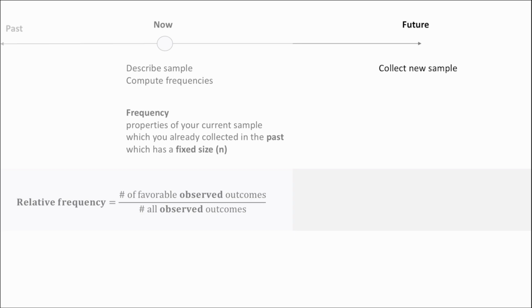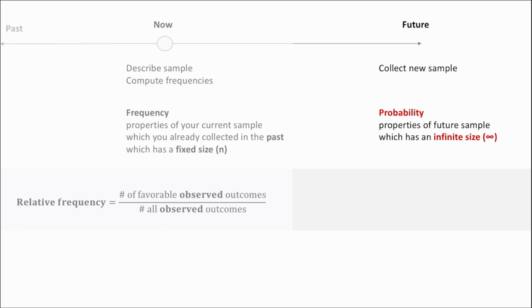Right? The question is, if we do it again, if we collect a new sample, what are the expectations from the outcomes? And in this case, because we are talking about theoretical expectations, we need to think of an infinite number of outcomes. So if we roll a die an infinite number of times, how often will we get 3 dots or less? And that's the relative frequency for the future event.